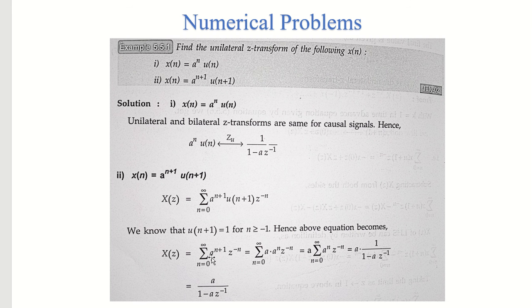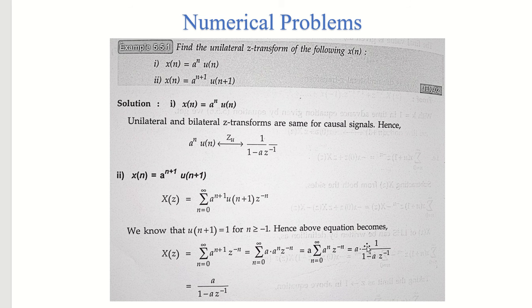Now this term a raised to n plus 1, you can divide like this: a into a raised to n. So you can take this a out because it is a constant, and the remaining term will remain in the summation. So it will look something like this: summation n equals 0 to infinity a raised to n into z raised to minus n. Now this basically looks like a property which we saw earlier, right?